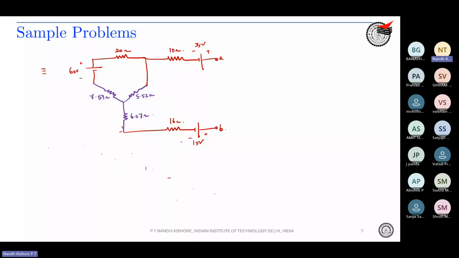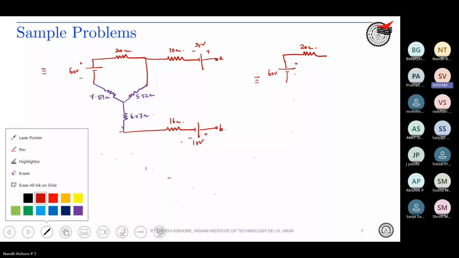This can further be written as 60 volts, 20 ohms.